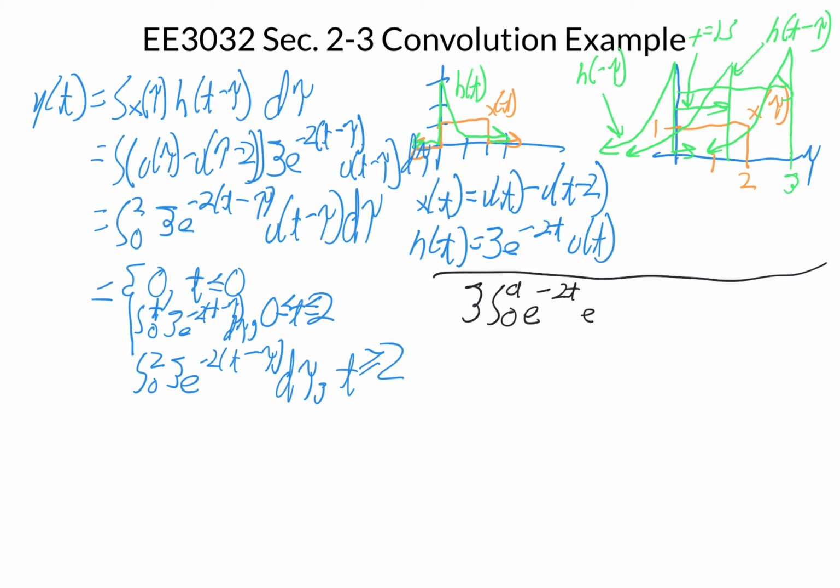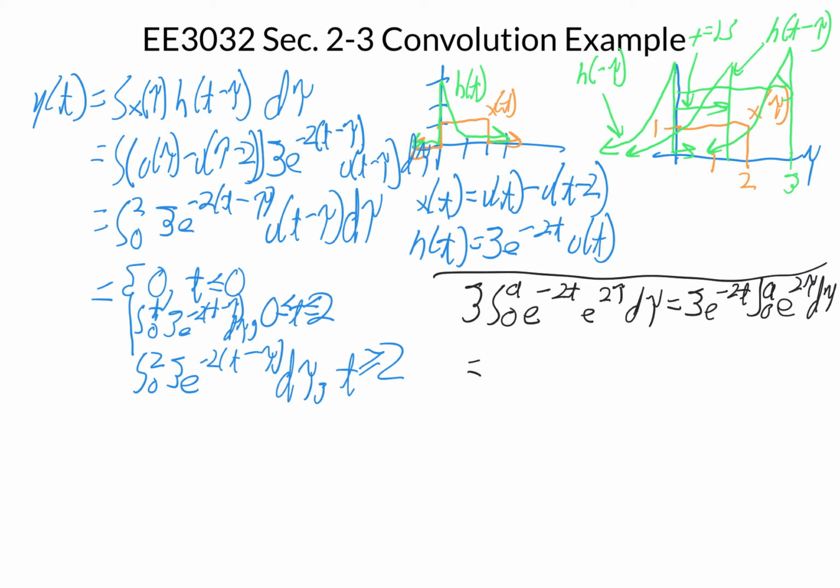So we have e to the plus 2 tau here, because it's negative times a negative. And now we see that we're integrating over tau, but we have an expression of the parameter t, so we can factor that out. And we're just integrating e to the 2 tau.